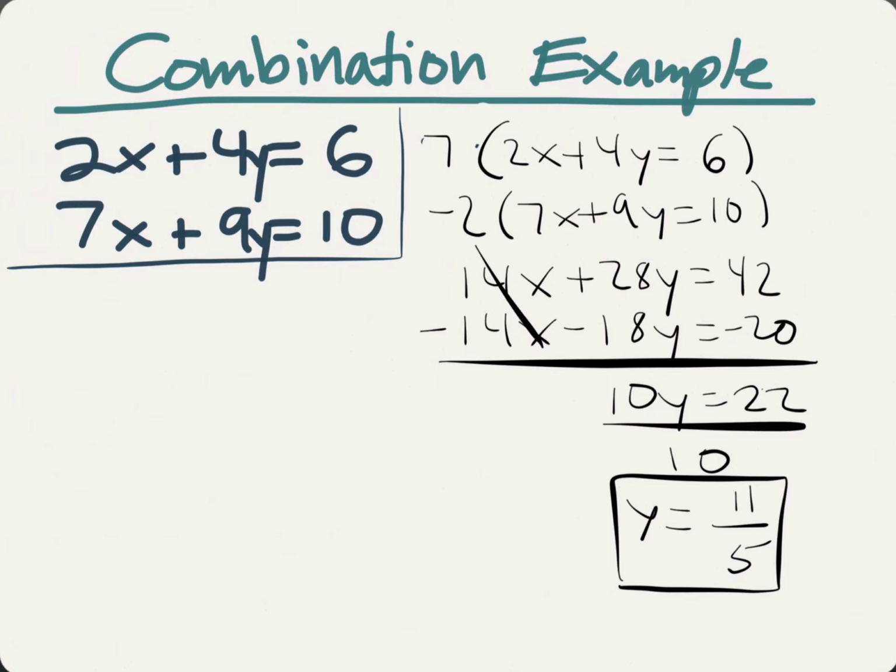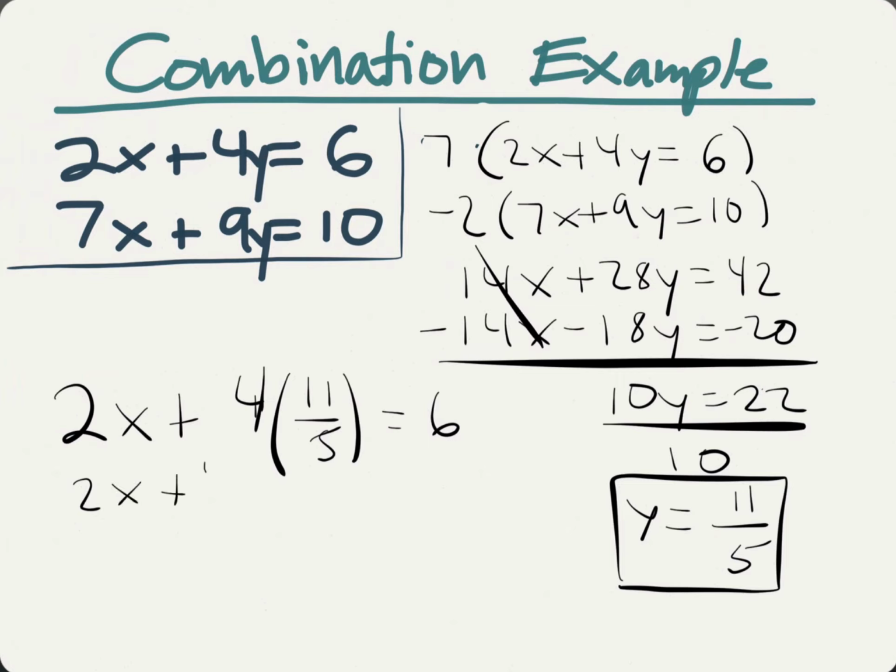So I'll plug it into the top one. So 2x plus 4 times 11 over 5 is equal to 6. And distribute, so 2x plus 44 over 5. And I'm going to turn the 6 into 30 over 5 so that we can have common denominators when we subtract. So we're going to subtract 44 over 5 from both sides.